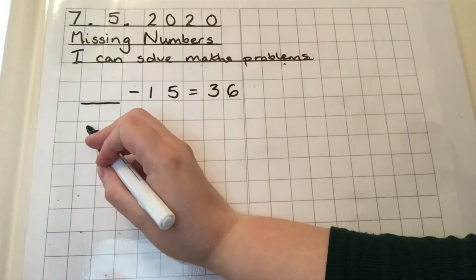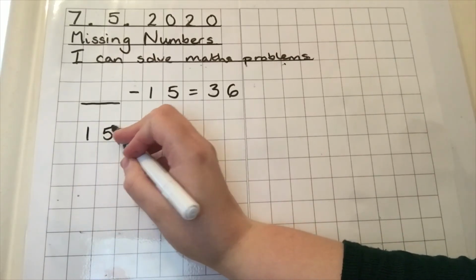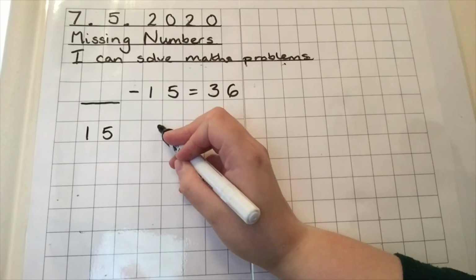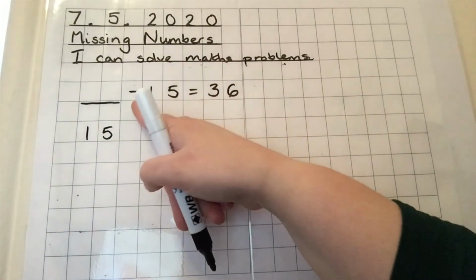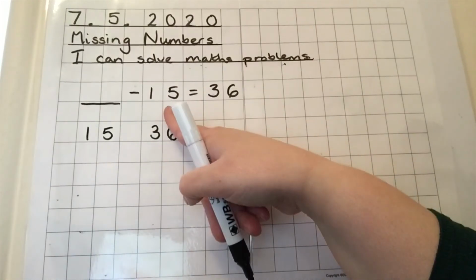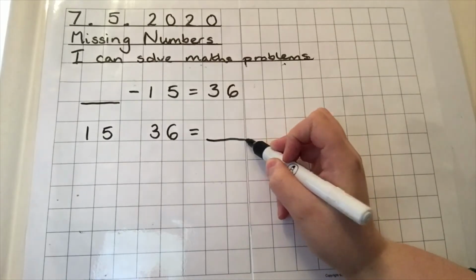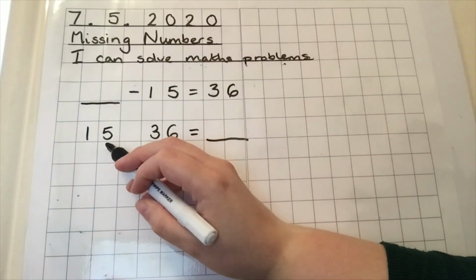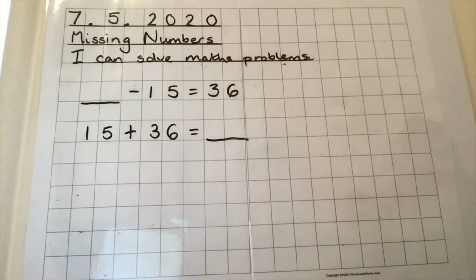If you remember, we have little number, because if that's a takeaway, these two are little numbers, equals big number. So little number add little number equals big number.